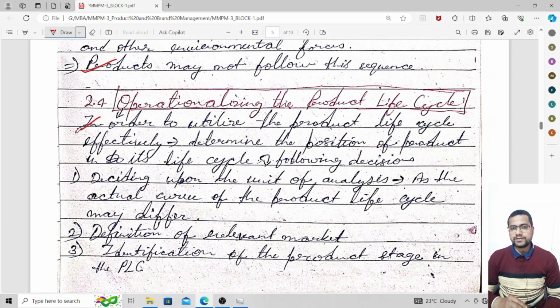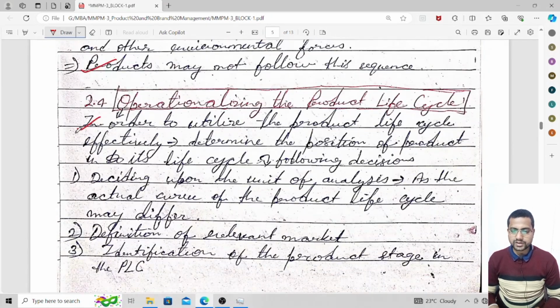And in the same way, if it is in the maturity stage, then some decisions should be taken to differentiate the product, so that kind of decisions should be made. If those decisions are not made according to the product life cycle, then the consequence may be hazardous, or it may not be profitable for the company, and the company may go into loss also.